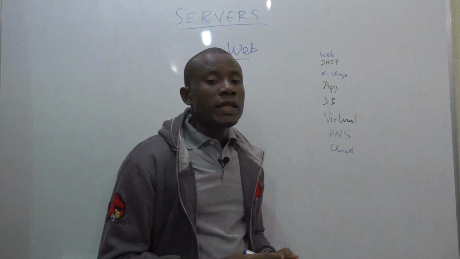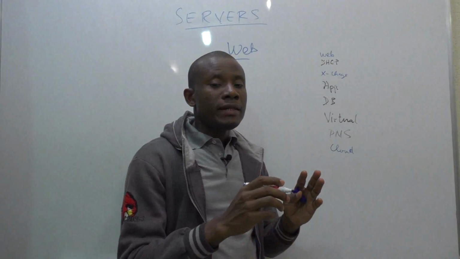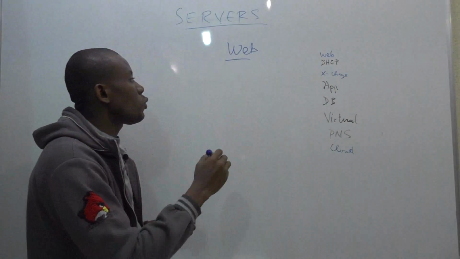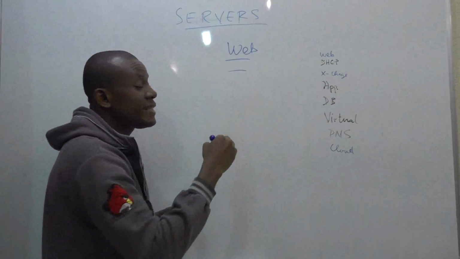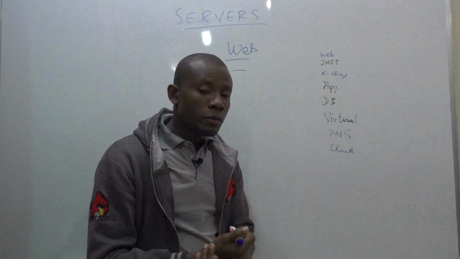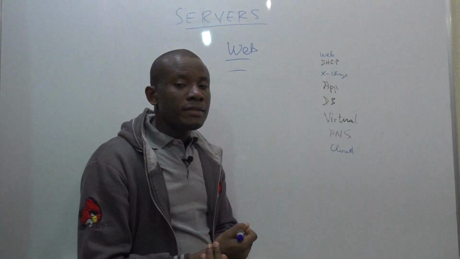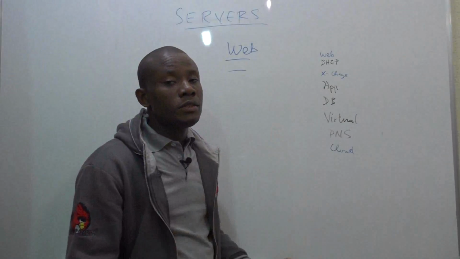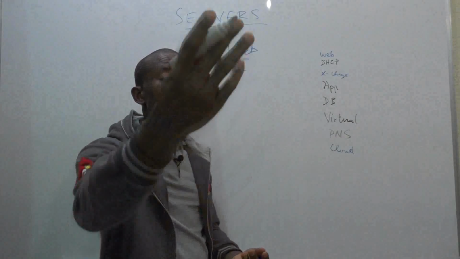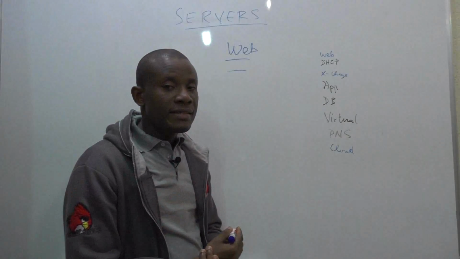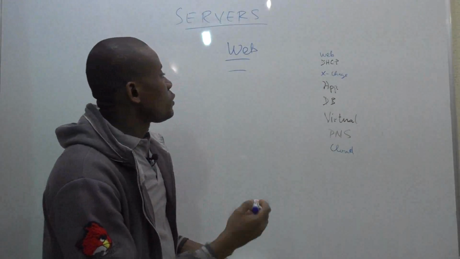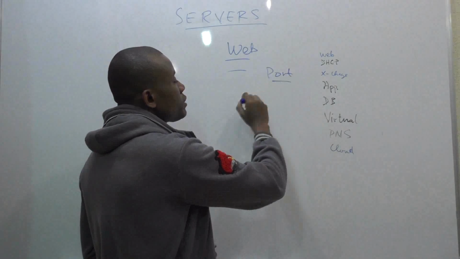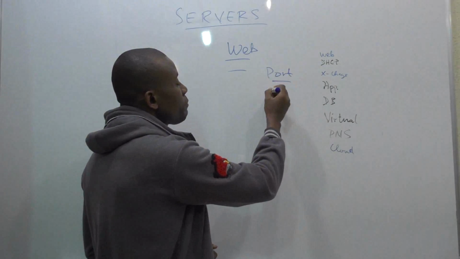I would like to let you know a little how web servers work. Web servers work by listening to requests for information. Web servers continuously listen to information coming from the internet. We'll talk about ports later on, but web servers listen on different ports.